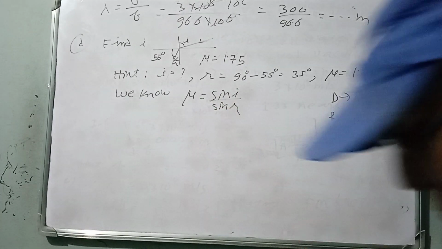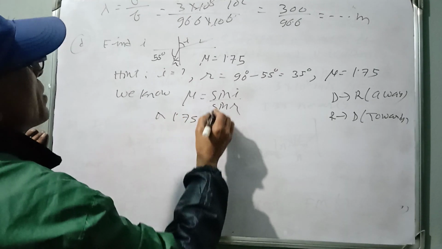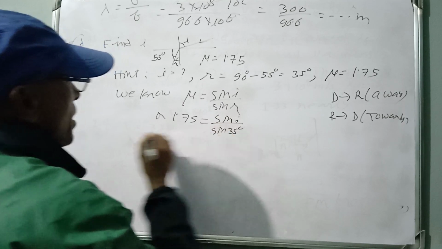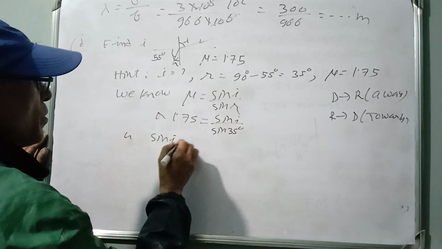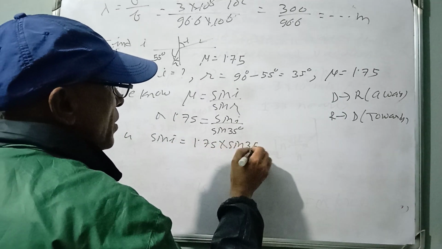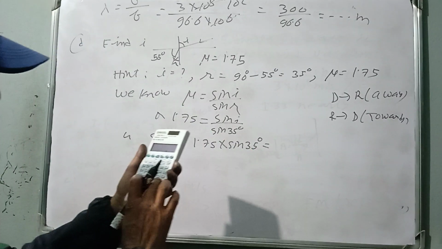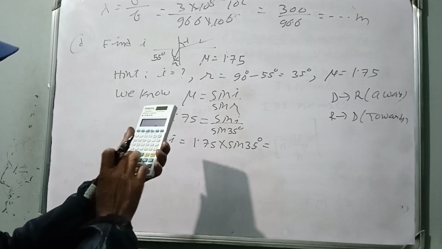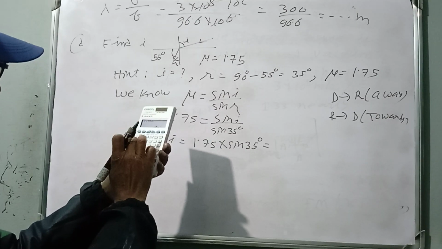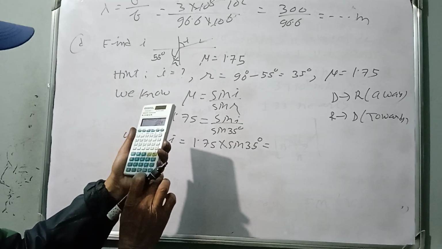Or 1.75 sin R unknown, sin I equal 1.75 into sin 35 degree. Now I multiply it. 1.75 into sin 35 degree. What is the exact value?